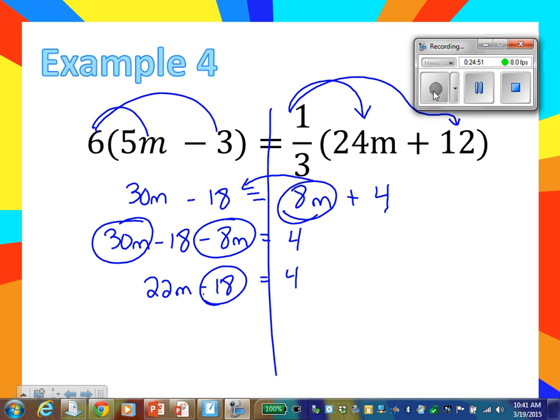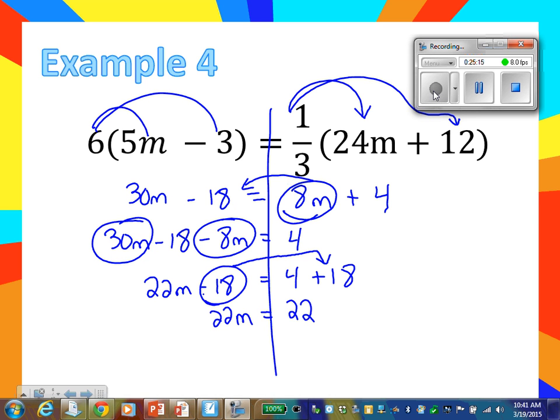Just by me putting a line on the piece of paper, it's like I'm telling myself, deposit that negative 18 here. And it becomes a positive 18. So 22m is going to equal 22. Well, I'm not done yet. Everybody agree? I got my variables on one side, I got my numbers on the other. At this point, step 5, what's left to solve?